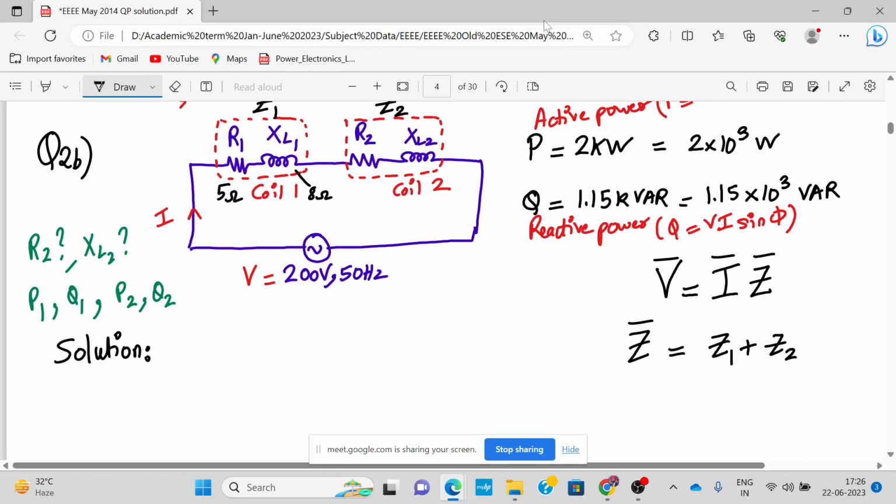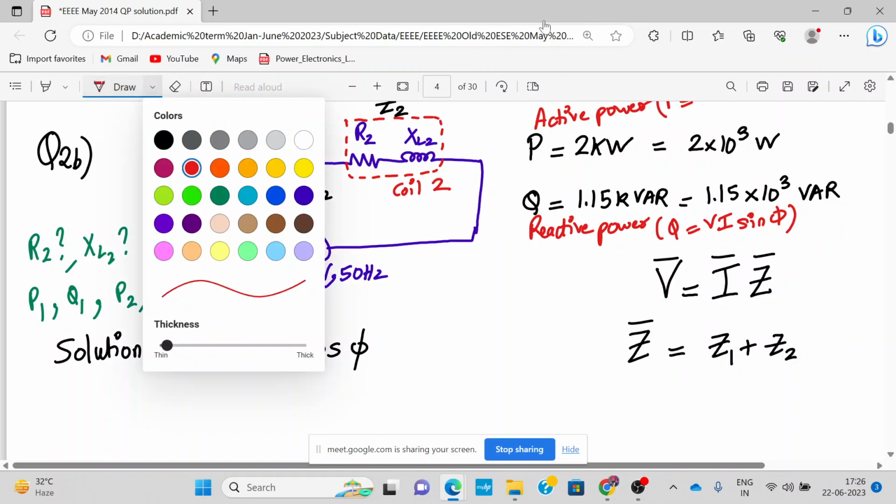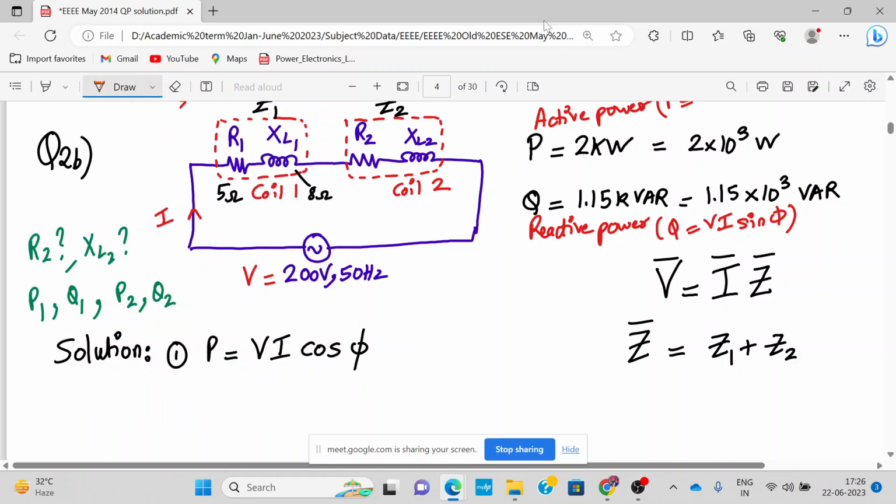Okay. So, also, for finding out the current, what is given to you? Power, right? What is the power formula given by? V into I into cos phi. So, out of this, how many unknown quantities are there? Is V known to you? Yes. Is I known to you? No. Is cos phi known to you?